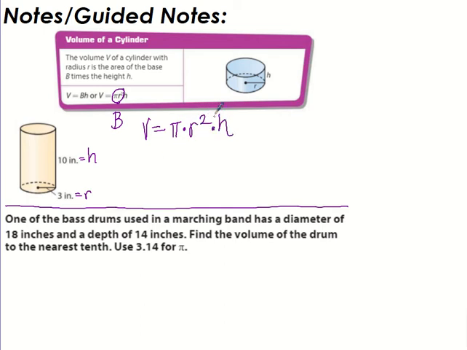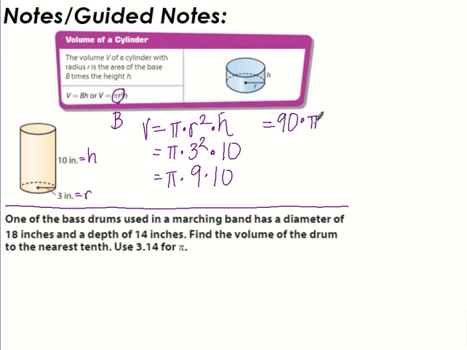So area of the circle, so pi times 3 squared times the height of the prism, 10. So we can do some of this in our heads, right? So pi times 9 times 10, and then we can do 9 times 10, so we get 90 times pi.